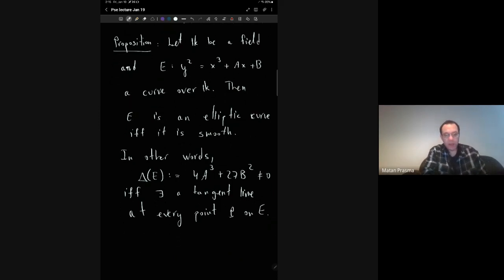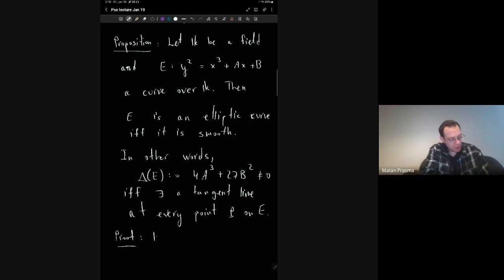So how do we prove this? Remember, to have a tangent line, there could be two cases. I mean, either it's a vertical tangent line, or the derivative at the point must be well defined.